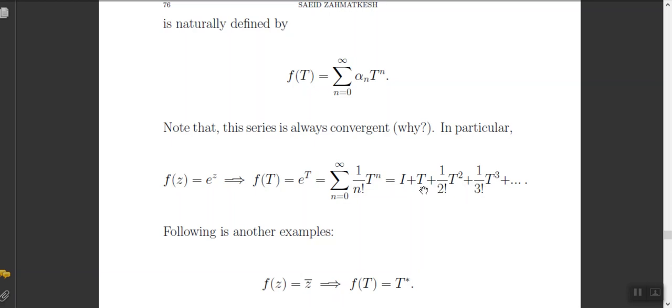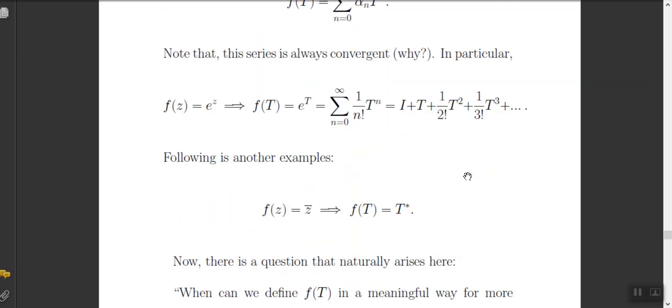If you look at the sequence of partial sums, for example the first 4 terms, the sequence of partial sums of this series is a sequence in B of H. For example, 1 plus t plus 1 over 2 factorial t squared is definitely an operator in B of H, right? So this series converges, we can show, to an operator, and that operator is defined to be exponential of t.